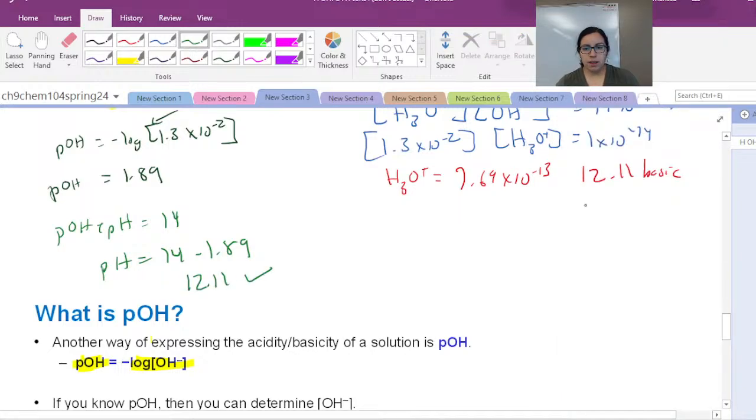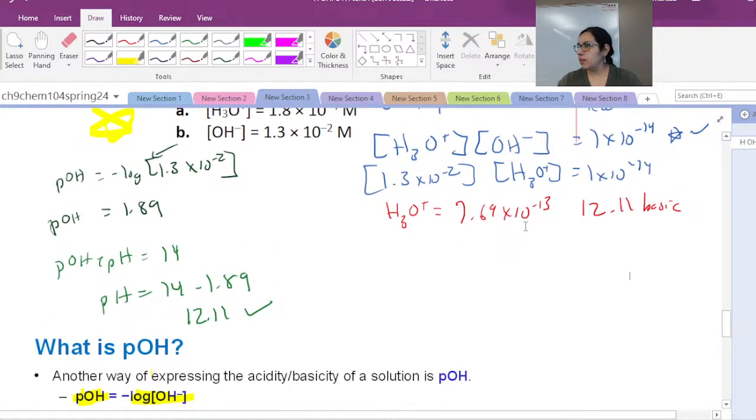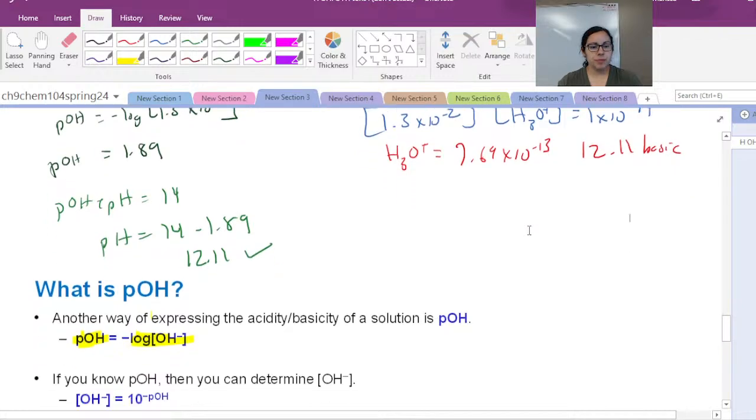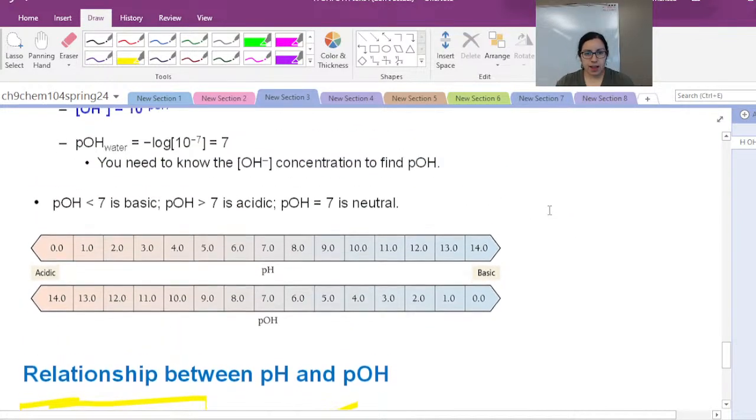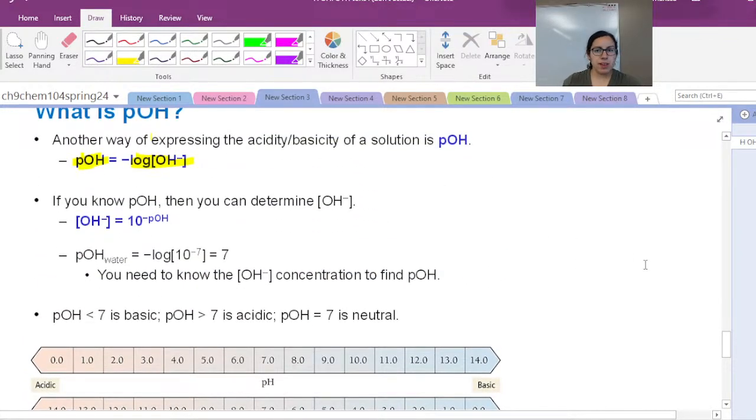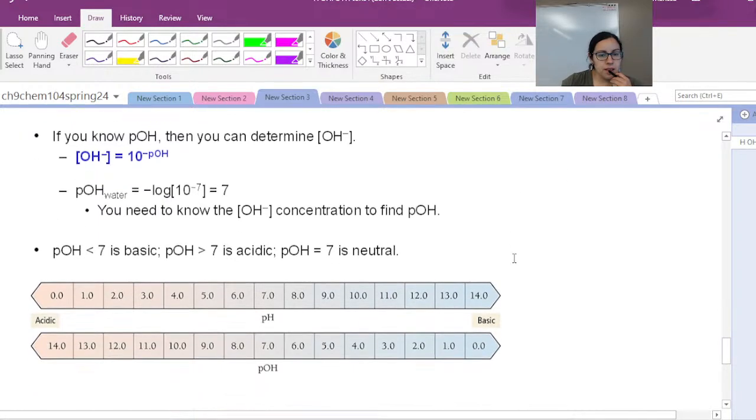So either way, you get the same answer. Does that make sense? Feel good? I kind of like the acid-base chapter because it feels like you can check and double check your work in a circle.